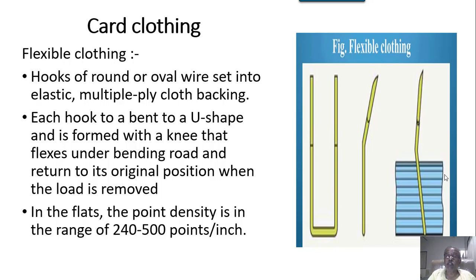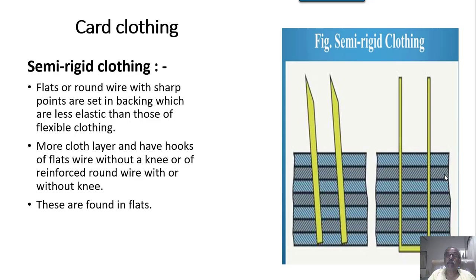This particular thing depicts the very conventional flexible clothing that was adopted on the very conventional card, one can say. We will just go through this one. We can see a semi-rigid type of clothing.